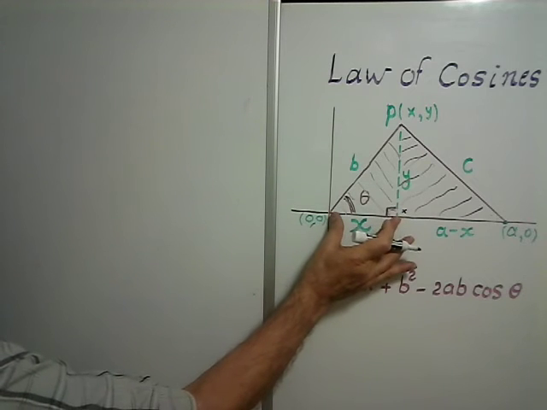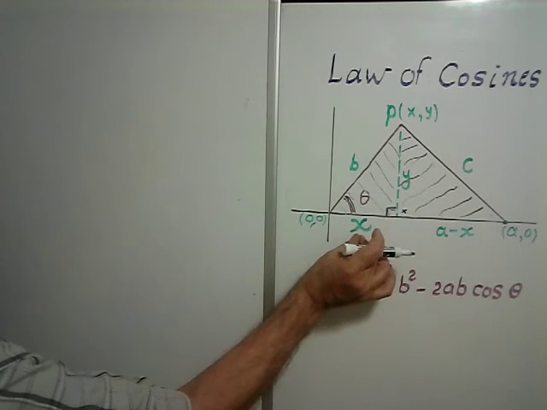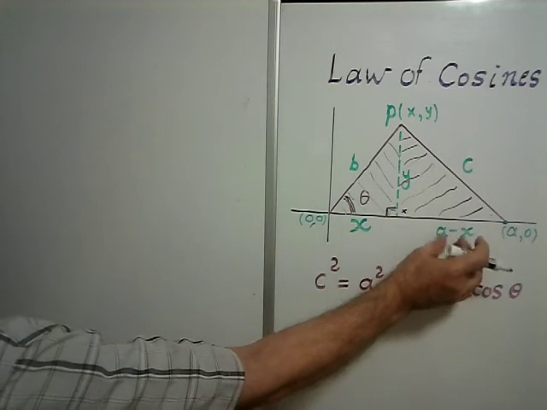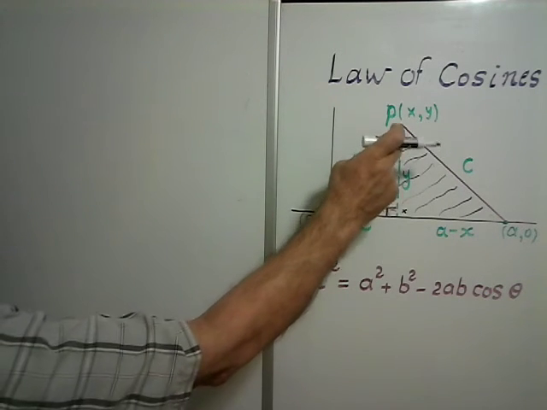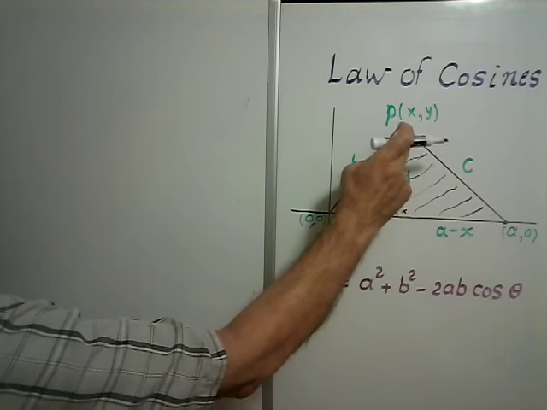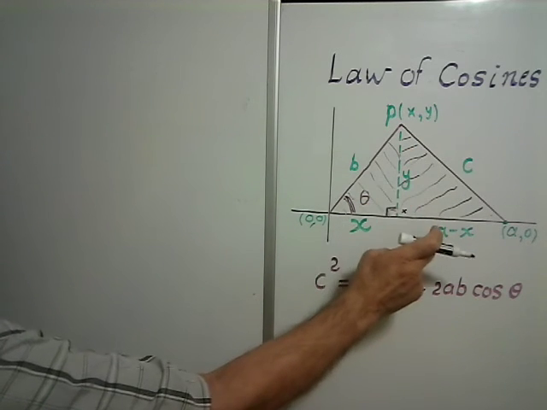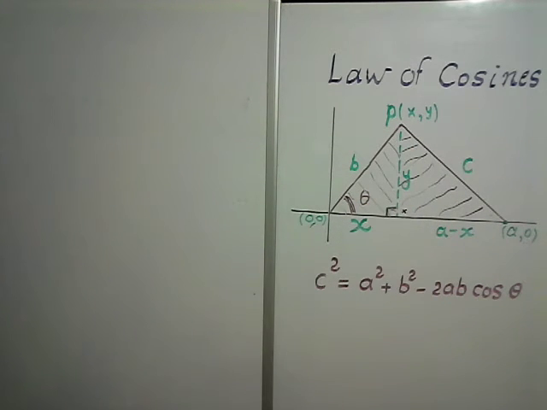So we will take out of A, take x. So the rest will be A minus x. So the three sides now are C, Y, and A minus x.